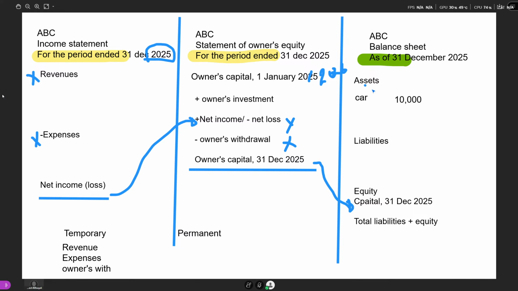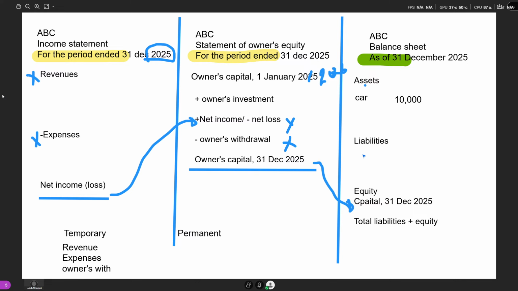Our permanent items, we said, are the items that we have on the balance sheet. Why? Because this statement gets bigger over time. So when I move on to year 2026, I'll be taking all of my assets. I'll be taking with me all of my liabilities because I cannot get rid of them. I can't get rid of liabilities at the end of the year. Why?